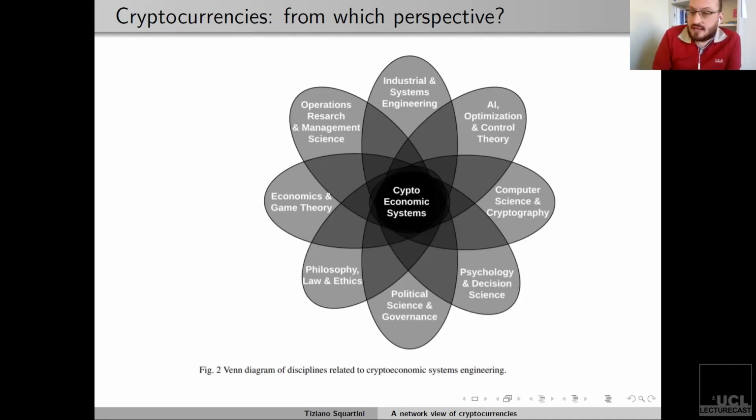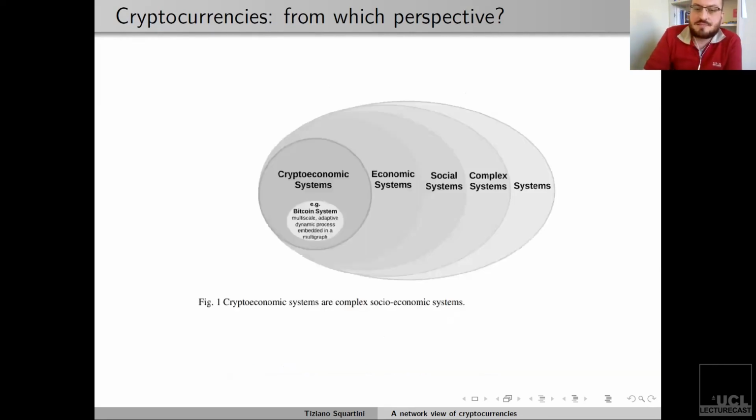So people working in the area are interested in the algorithms that make the blockchain work. And then there is the third view, which is the view of a complex systems scientist, or network scientist, as you prefer, which is my perspective. I'm interested in building networks out of data about cryptocurrencies and seeing how the analysis of these networks can help us in understanding cryptocurrencies.